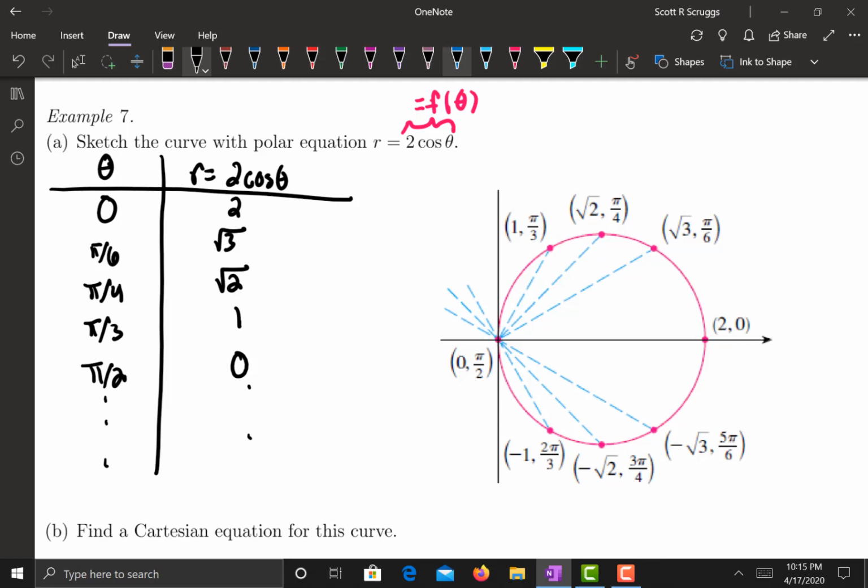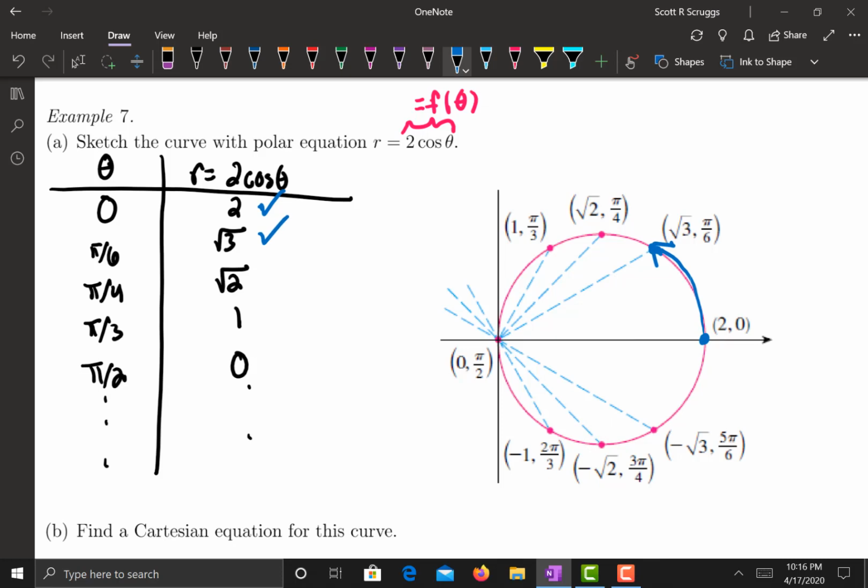And that's going to be corresponding over here. So I have an angular value of 0, so I should have a radial value of 2. So that one's checked off. I have an angular value of pi over 6, so I should expect an output of square root of 3.